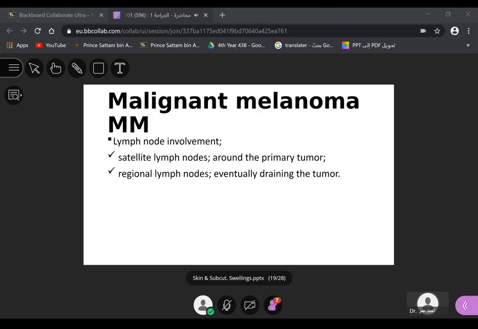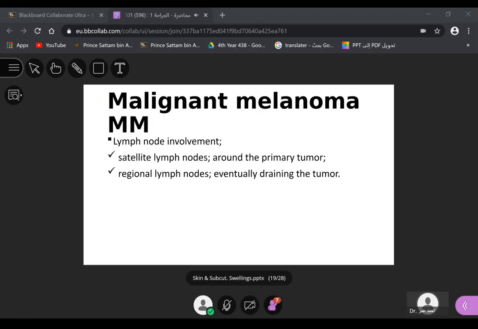So if you have a malignant melanoma in the limb, you find small nodules around the primary tumor, known as satellite nodules, and you also get enlargement of the inguinal lymph nodes, which are the draining group of the whole lower limb. Okay, so two types of lymph nodes can be encountered on physical examination: satellite nodules and the draining group of lymph nodes. Both of them can get enlarged.